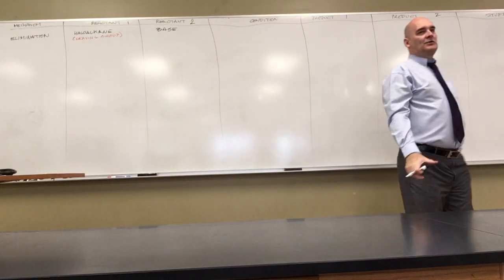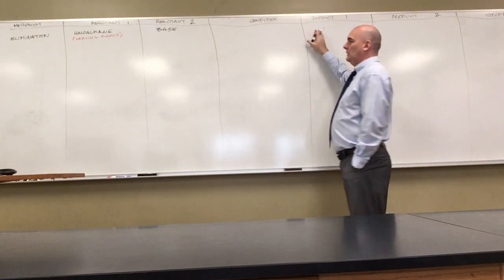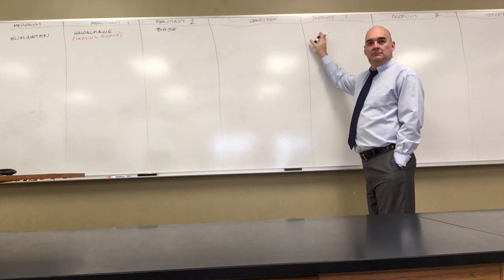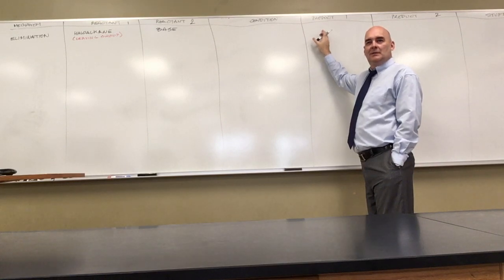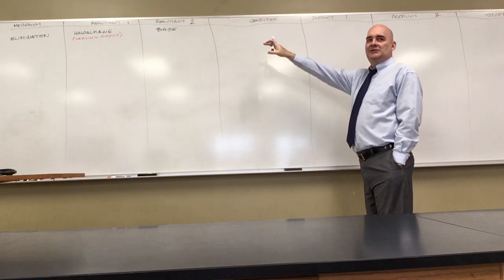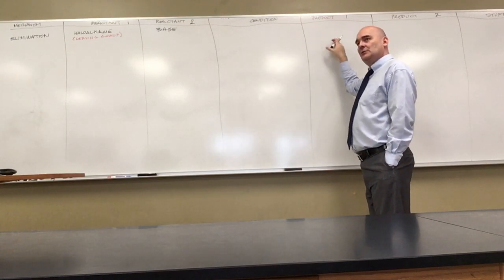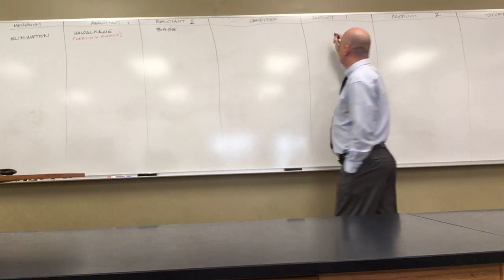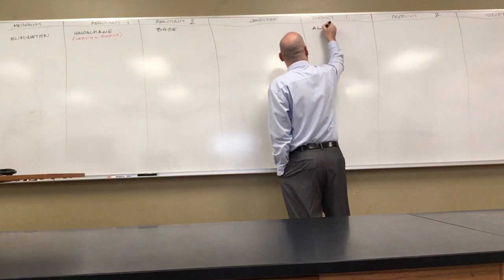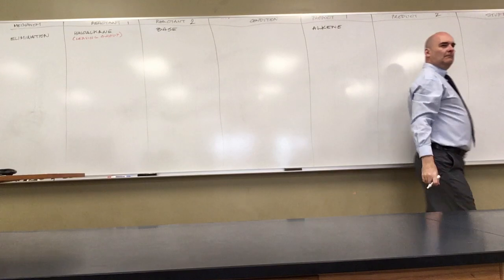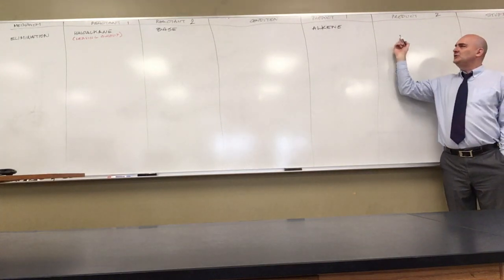And what is the product of an elimination? I've taken a haloalkane and some base, and I'm going to do this elimination reaction. What is my product? Alkene. All right. What is the second product?